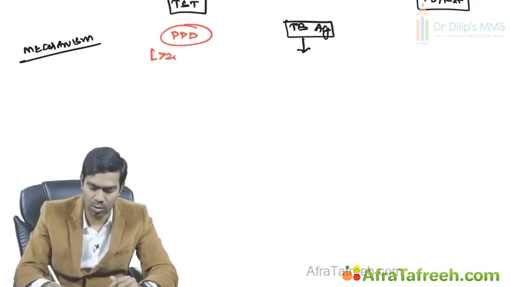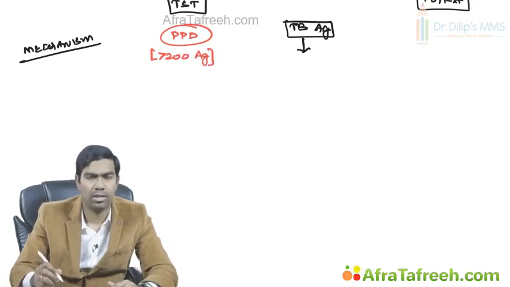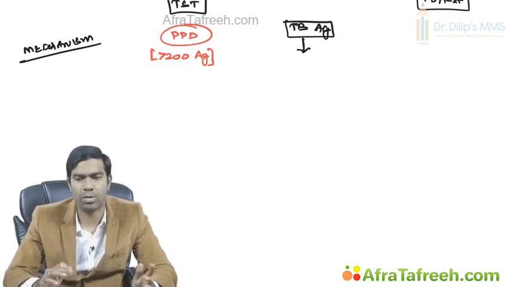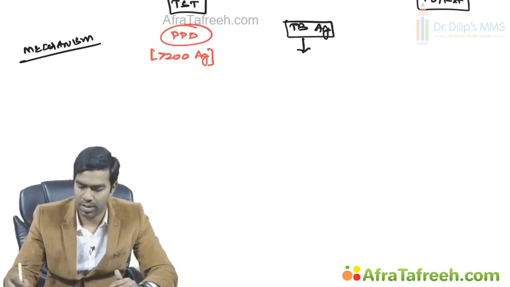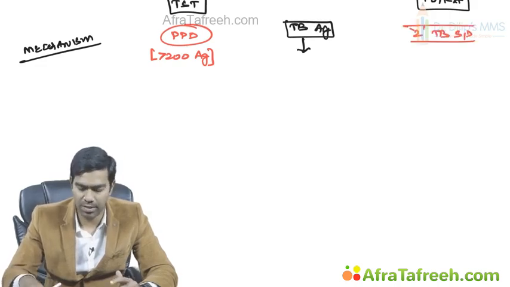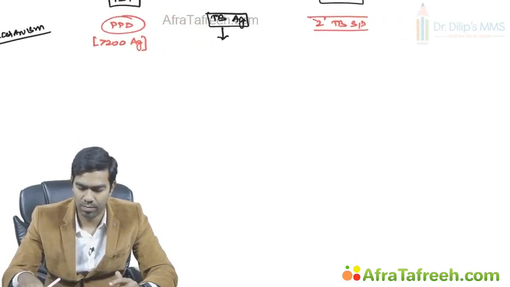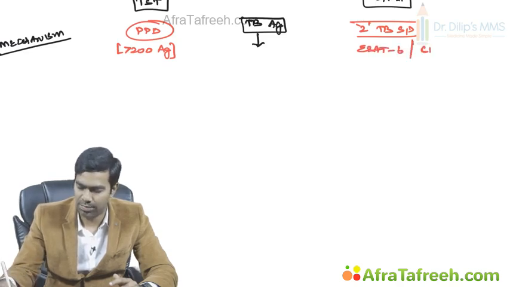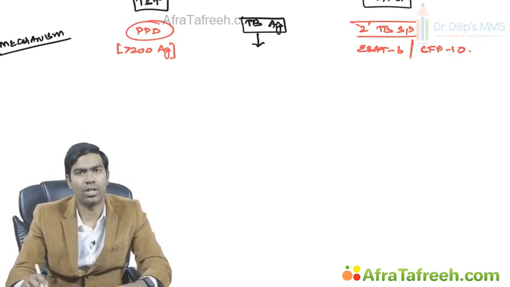This is going to contain more than 200 antigens that are shared between different species of mycobacteria like Mycobacterium tuberculosis, Mycobacterium bovis and non-tuberculous mycobacteria. But here in IGRA, you are going to use only 2 relatively TB specific antigens. One is called ESAT-6 and the second one is CFP10. So these are the 2 TB specific antigens that we are going to use in IGRA.